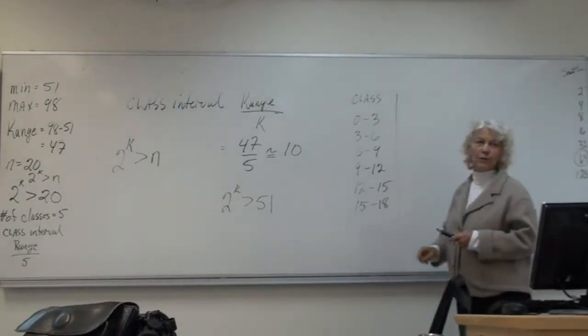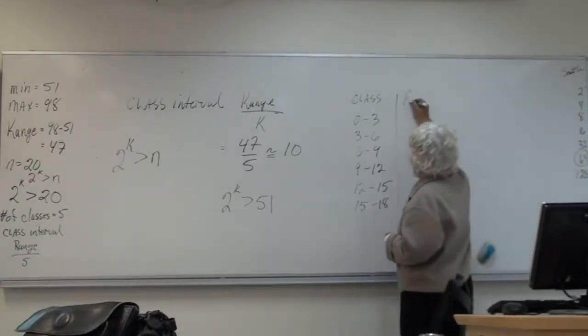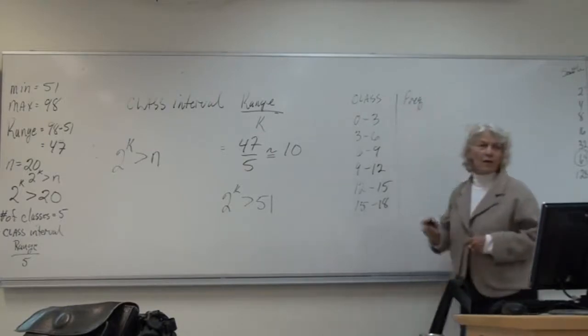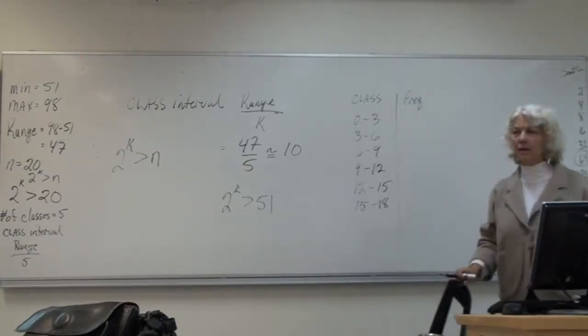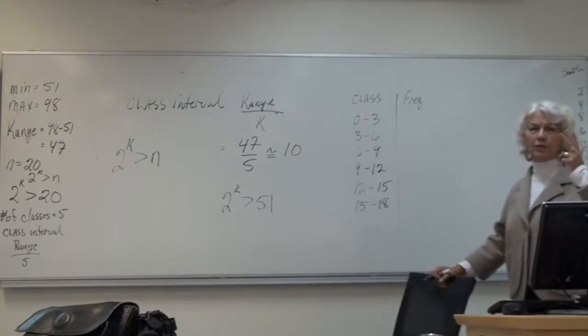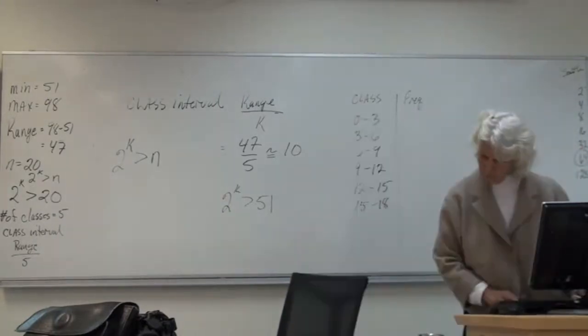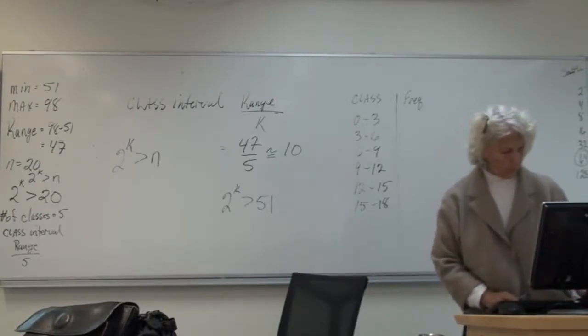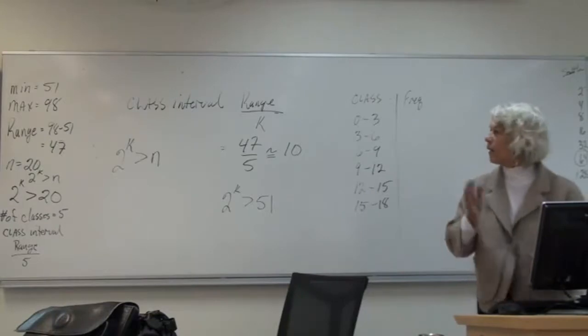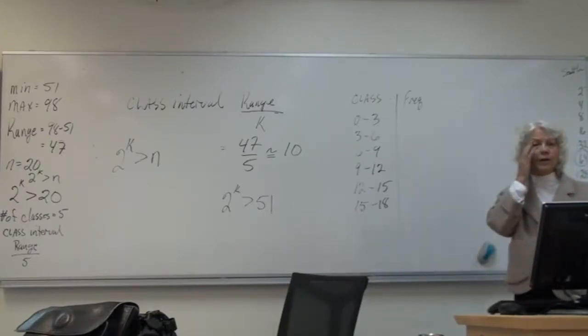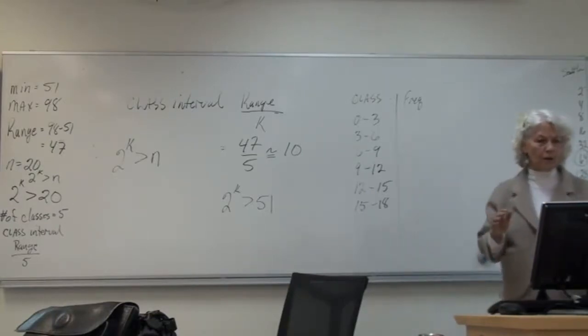Beautiful. Okay, so you're going to do this one by hand. You're going to just count the number of zeros, 1 and 2. If you didn't want to enter them, you can count them by hand, right?